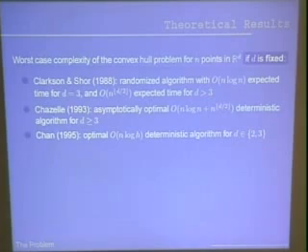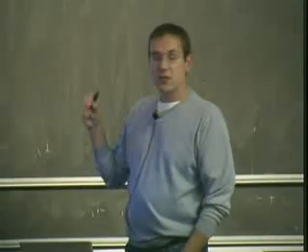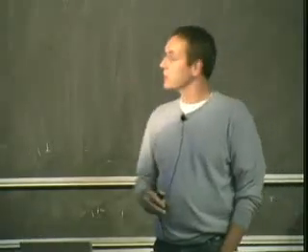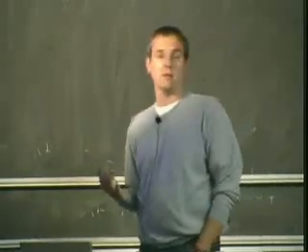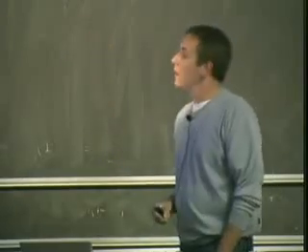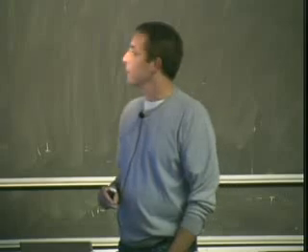This is exactly the same complexity that Chazelle produced by giving a deterministic algorithm and by applying derandomization. I have to say, the Chazelle algorithm and also the Clarkson-Shor with the same complexity are asymptotically optimal. I'm just talking about worst-case complexity here. And I'll come back to that in a minute.